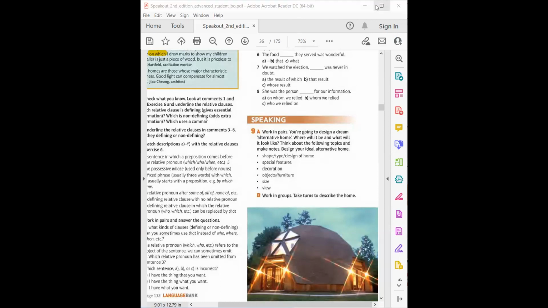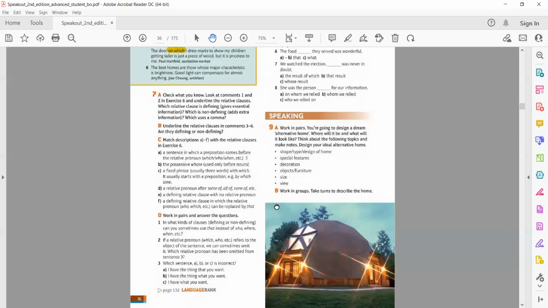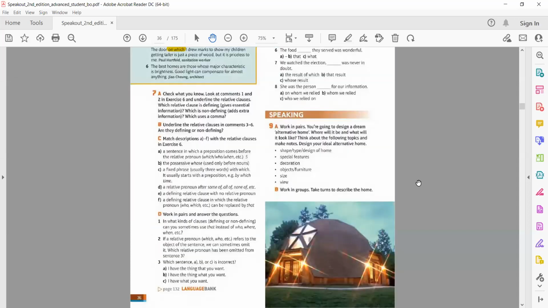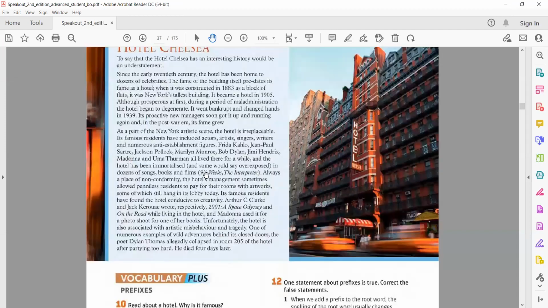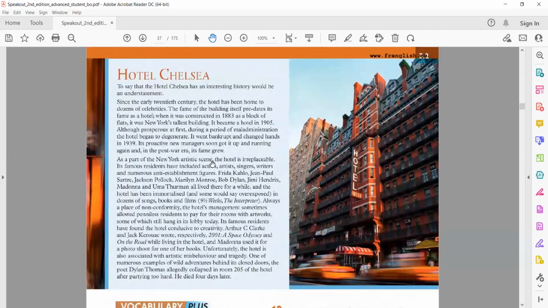That's really good. Now let's move on and read about the kind of houses, or I think it's a hotel. Okay, who wants to read? I can read.